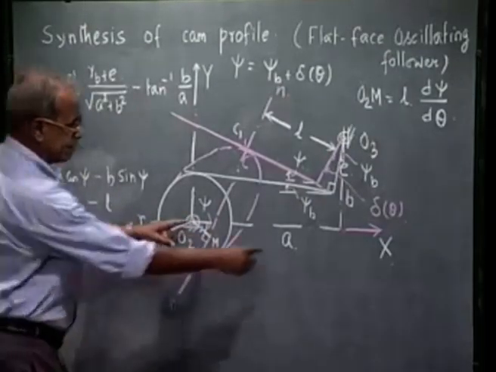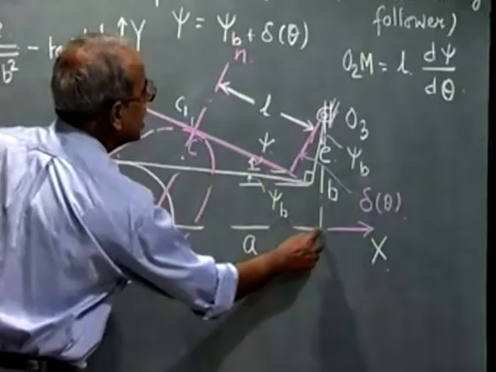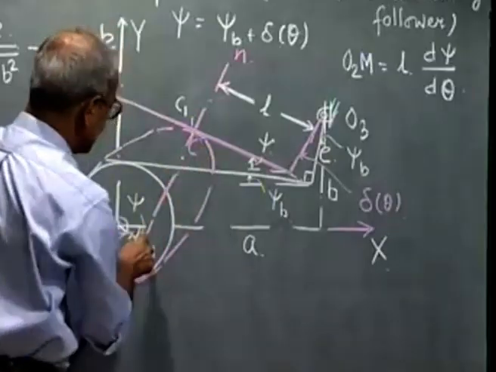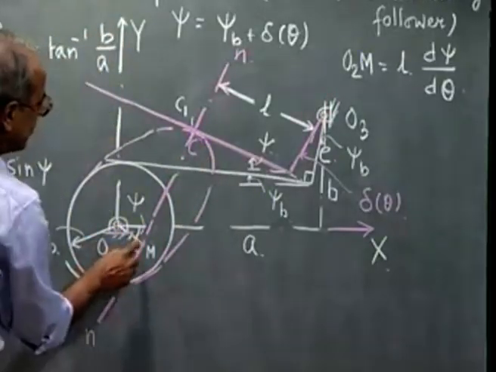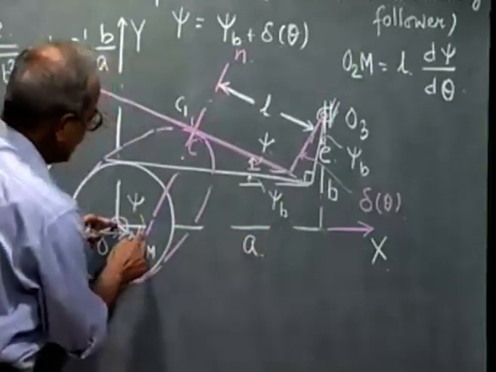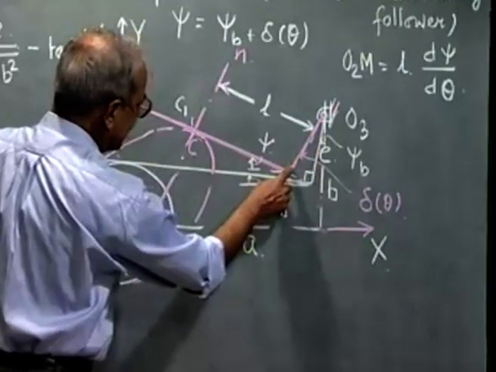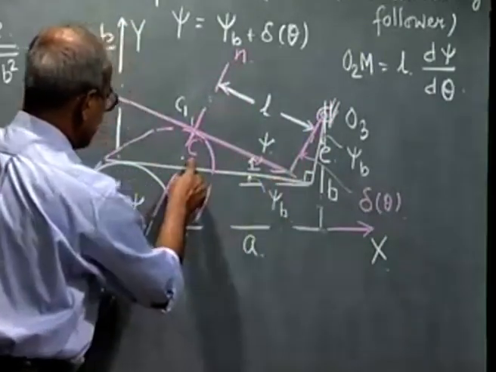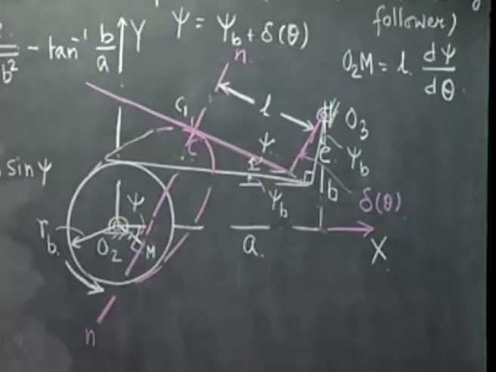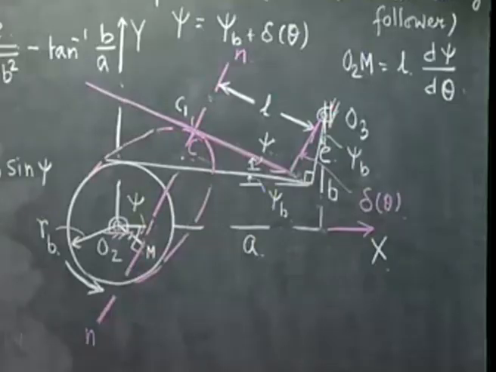O2m is, I am going from O2 to m in this way, O2 to this point, to this point, to this point, and this point. So, O2m, if I add up these vectors, the components, A will give me A cos psi, B will give me minus B sin psi, E will not give anything, L will again give L, but in this direction, so minus L. And O2m is L psi prime.